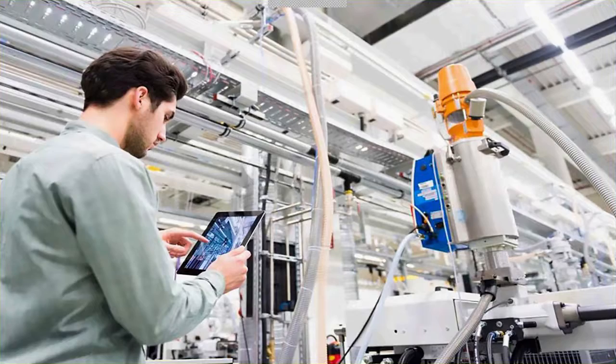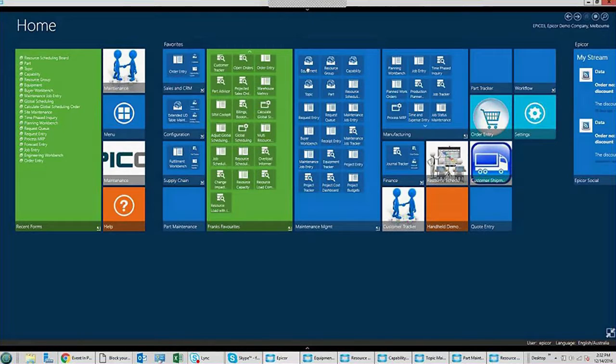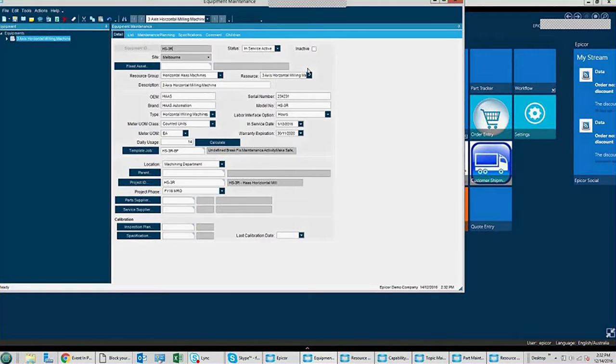So let's just go and have a look at how we address that. So if I look at equipment in the first instance, so what can I find out from equipment? Is this considered a fixed asset? We can have equipment that is considered a fixed asset or not because it could be equipment on loan from a supplier.